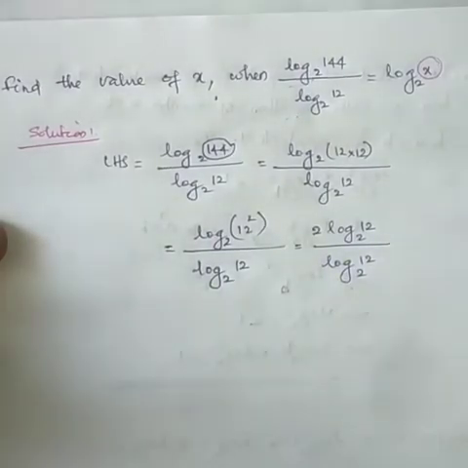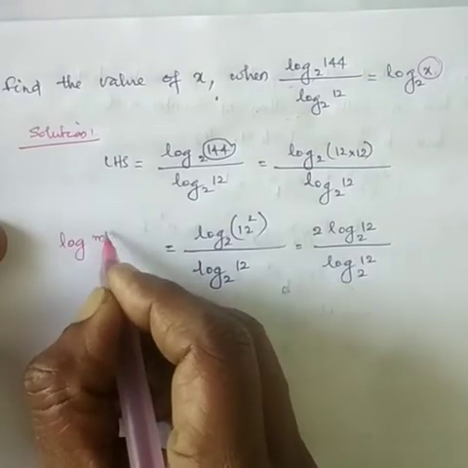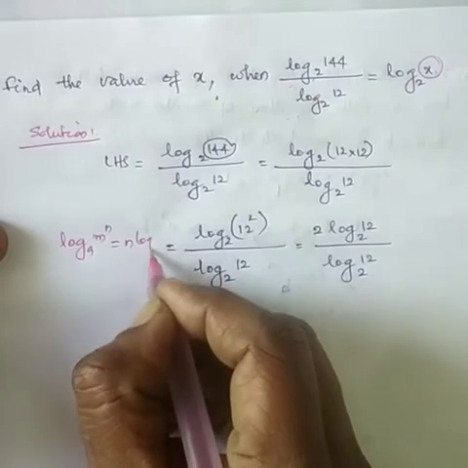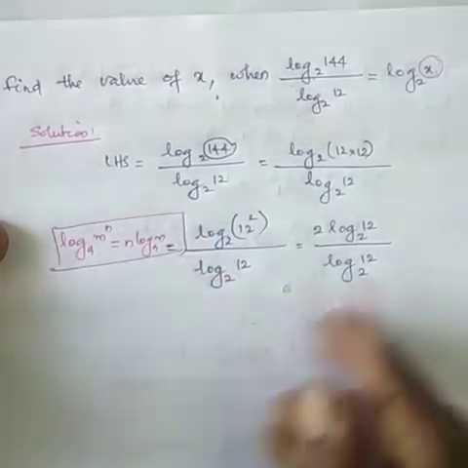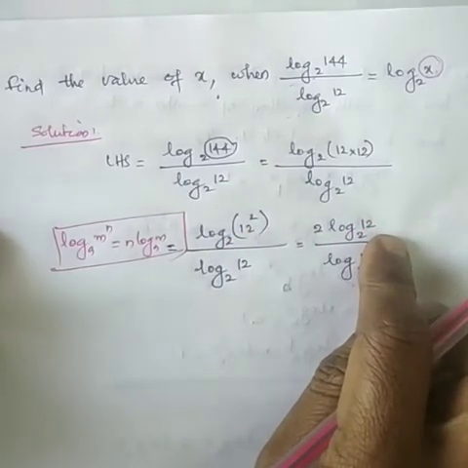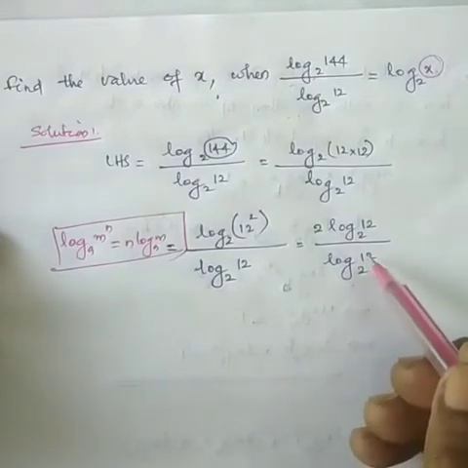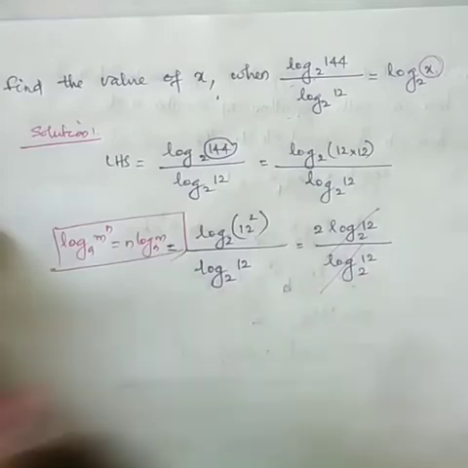We know the identity: log m raised to n to the base a equals n log m to the base a. Using this identity, we rewrite this. Here log 12 to the base 2 and log 12 to the base 2 cancel, and the remaining is 2.